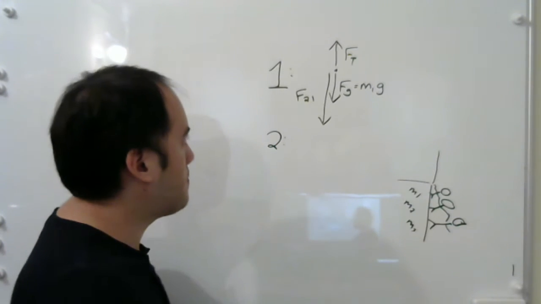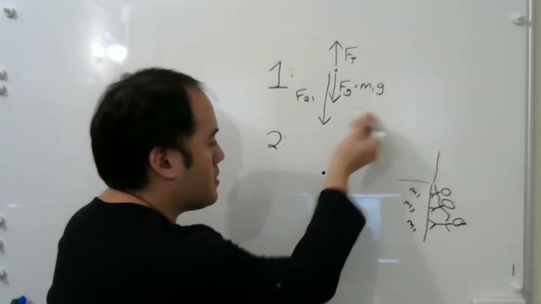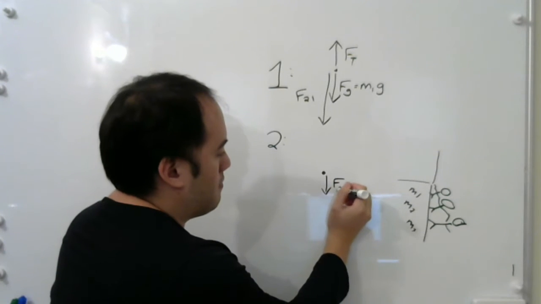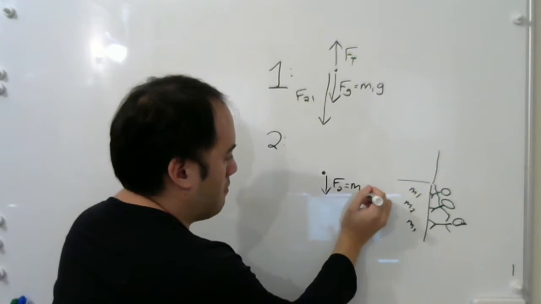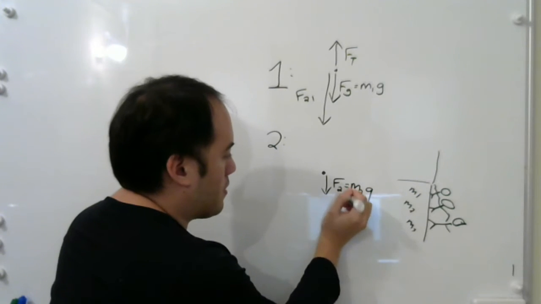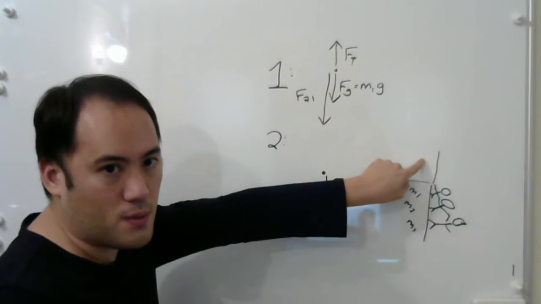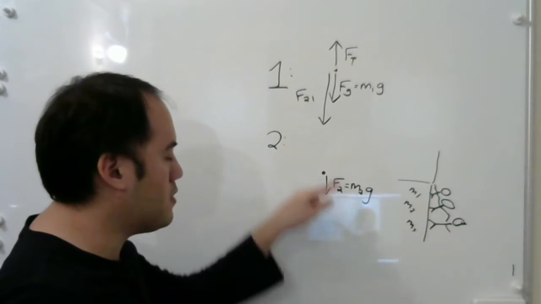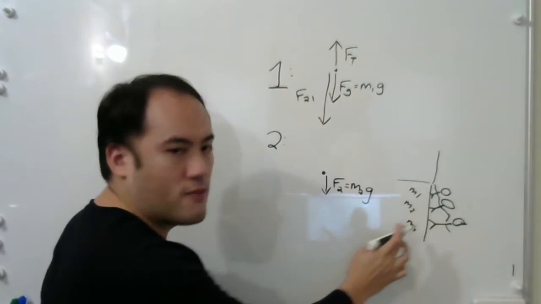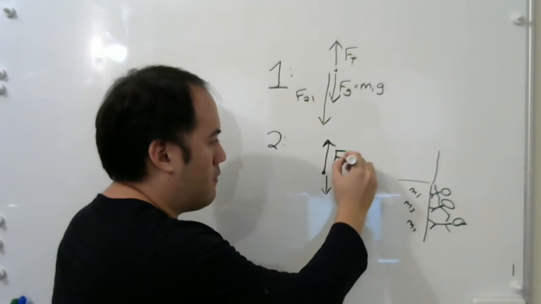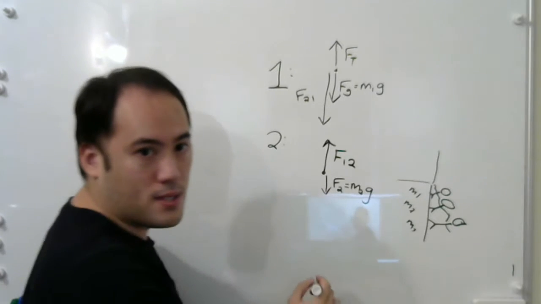Person 2. Person 2 will have FG, M2G. Hopefully that's pretty straightforward. Person 2 is not affected by the rope, so we won't draw FT, but we'll draw a force pulling up from person 1. So here's a force from person 1 on person 2.